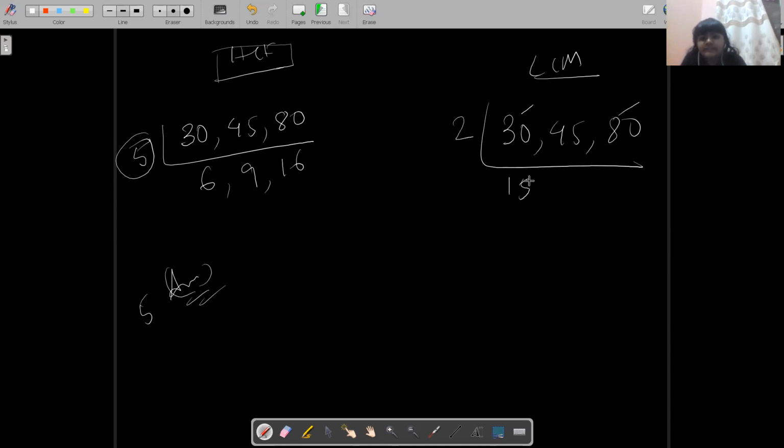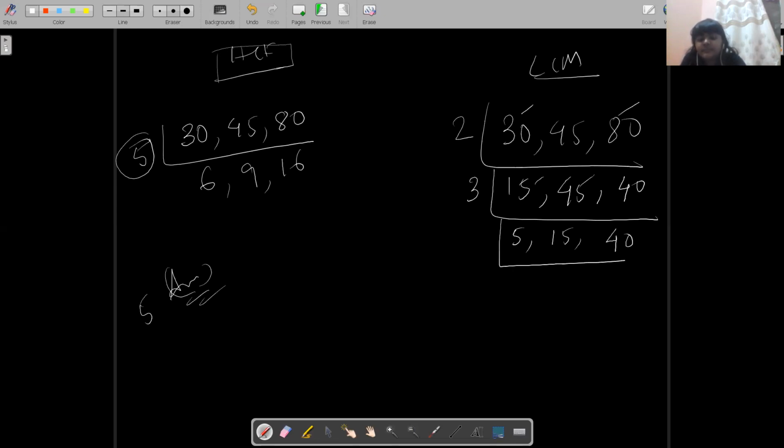I'm taking it, and we have to write 45 as it is, as it is not dividing by 2. So 15, 45, 40. Now these two numbers are divisible by 3. So 5, 15, and this 40 is not divisible by 3, so I can write it down over there as it is.